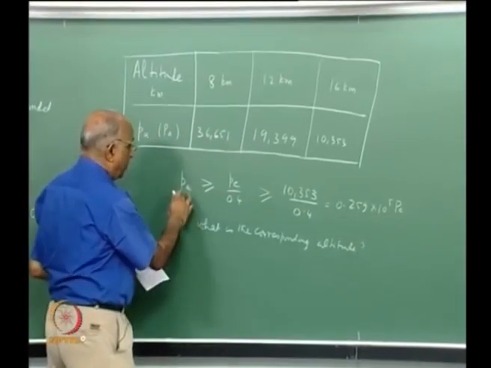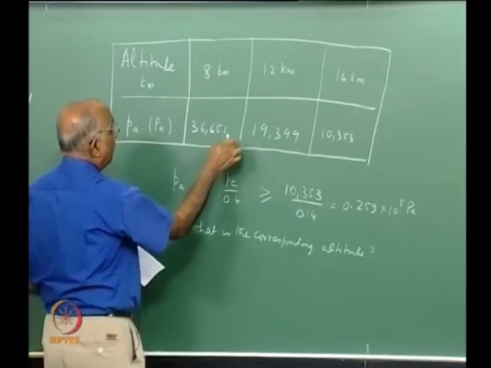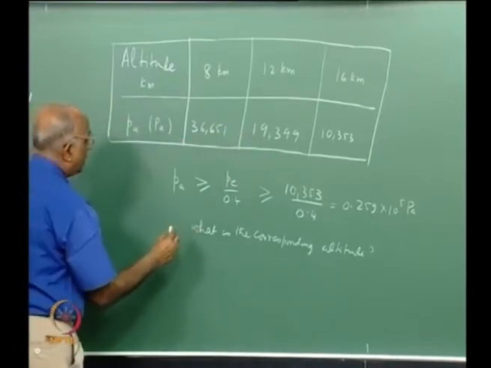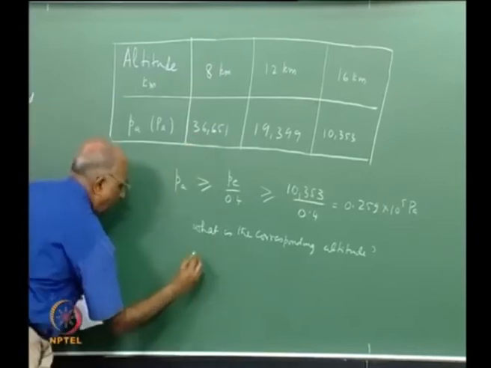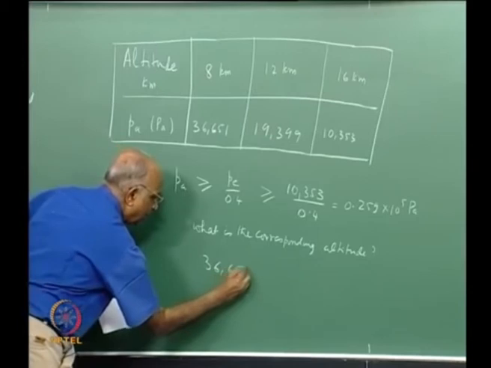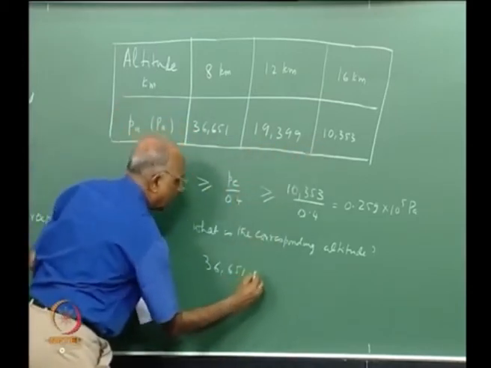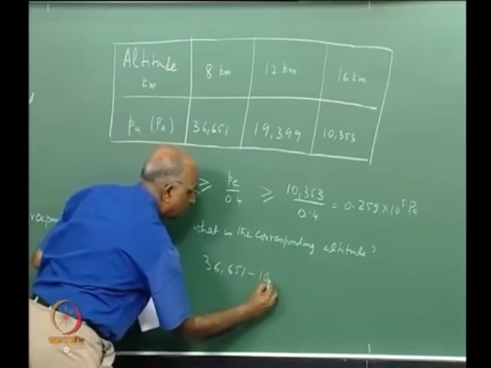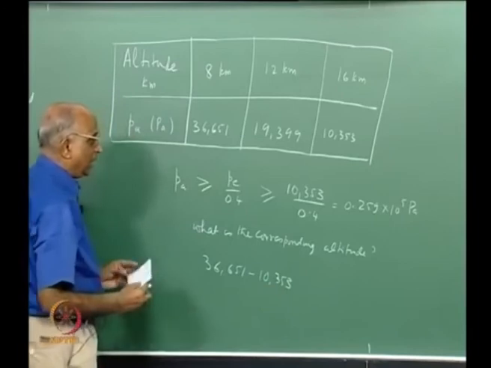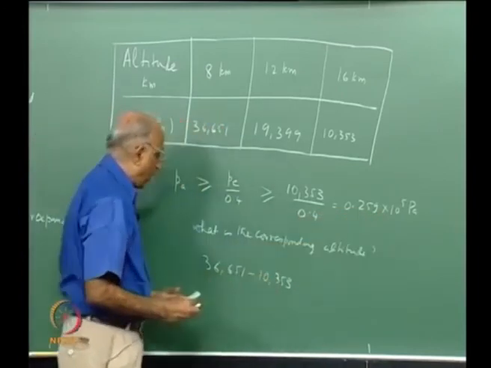Now, when Pa is equal to 0.259 into 10 to the power 5, it is somewhere between 8 and 12 kilometers. Therefore, we say at 8 kilometers the ambient pressure is 36,651 minus the value at 16 kilometers, which is 10,353, but we are interested in the altitude at 0.259 into 10 to the power 5.